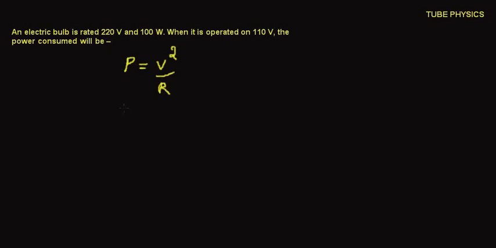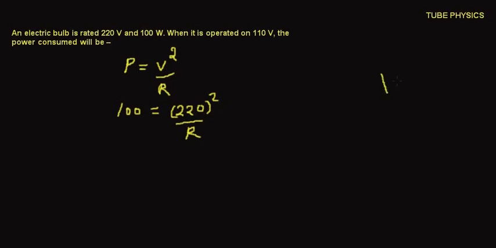Here the bulb has an output power of 100 watts, which is equal to, it is designed for a 220 volt line, so 220 volt square, V square, divided by resistance. So we don't know the resistance of the filament of the bulb.